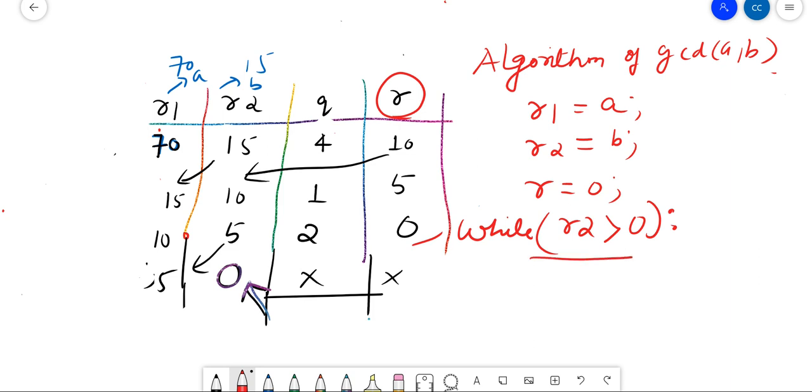Now what I will do: Q equals R1 by R2, and R equals R1 minus Q into R2.